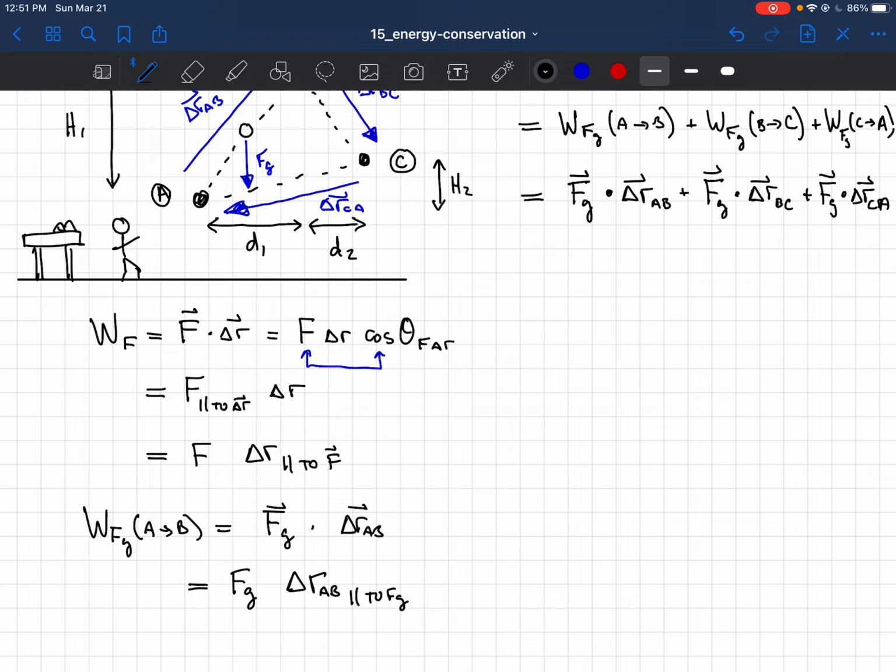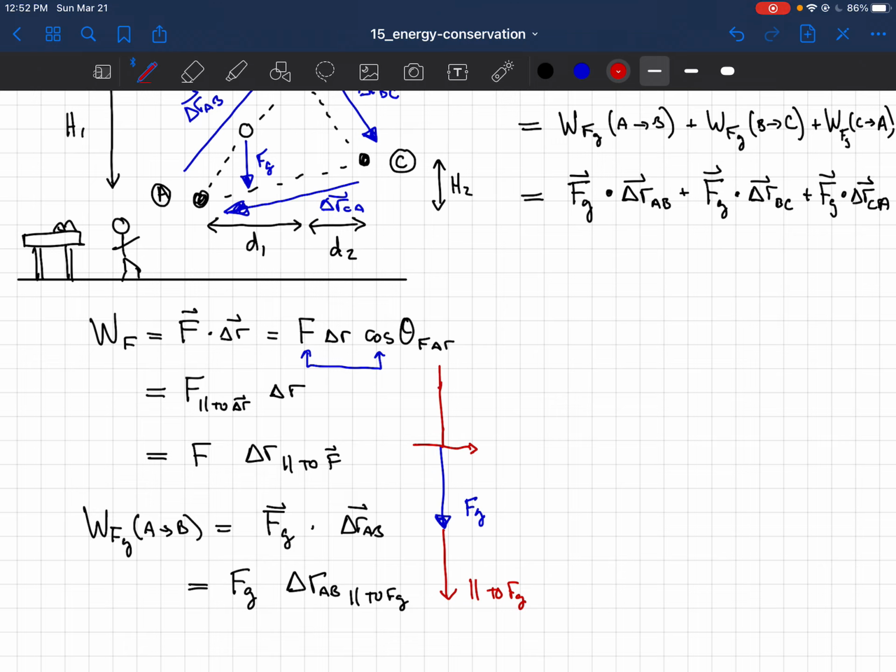So what do I mean by that? Well, I take the Fg vector and I call that an axis. So this is the axis parallel to Fg. And it's positive downward because that's the way I chose it.